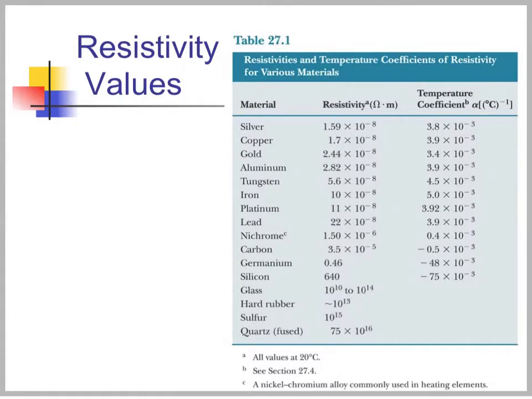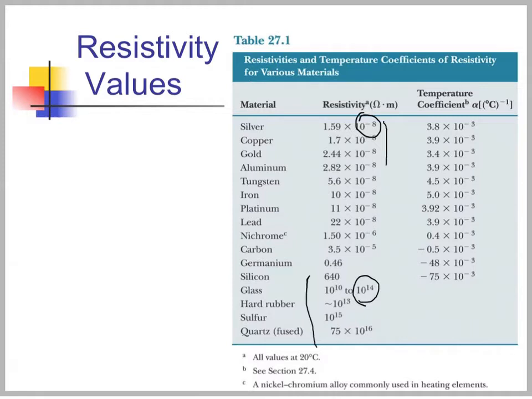Now there's lots of different values of resistivity. Notice here, silver, copper, gold, aluminum, all these metals have resistivities in the 10 to the minus 8 range. Those are all good conductors. Of course, we get down here, sulfur, quartz, glass. Glass can be up to 10 to the 14th for resistivity. Very difficult to move.